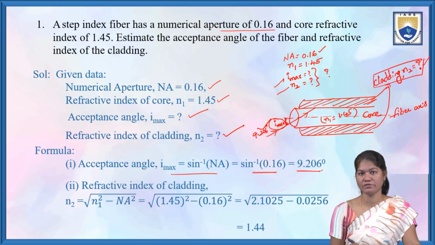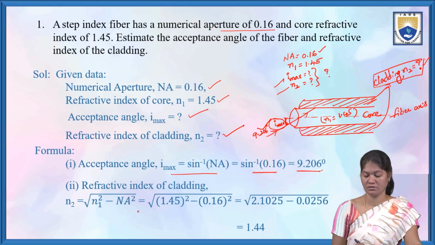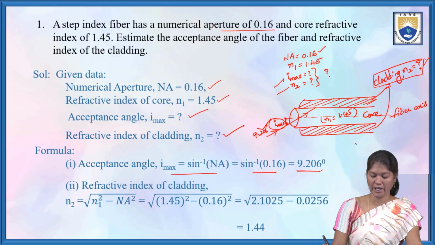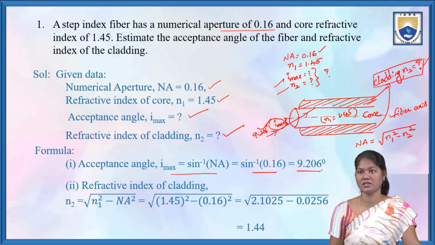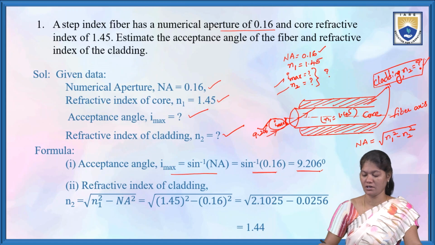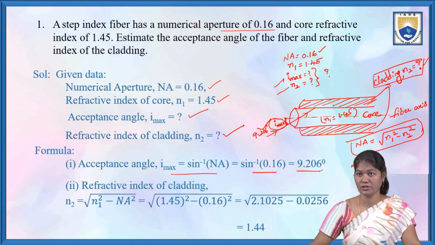And to find the refractive index of the cladding, we have to take N2 from the formula. NA is equal to root of N1 square minus N2 square. This is the numerical aperture formula. From this formula, we are going to take out N2.